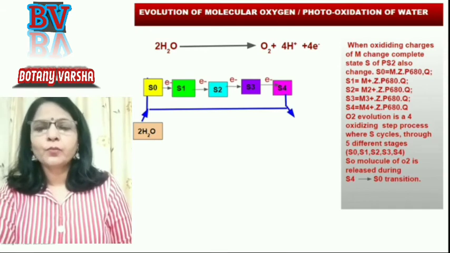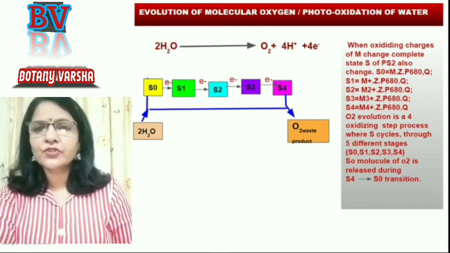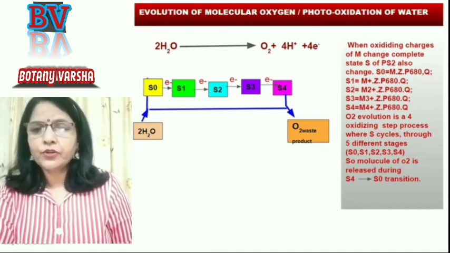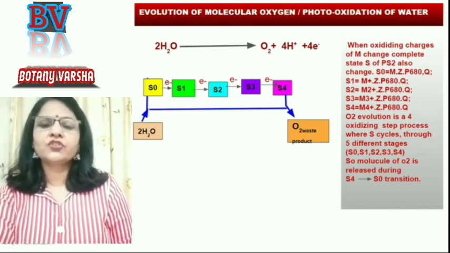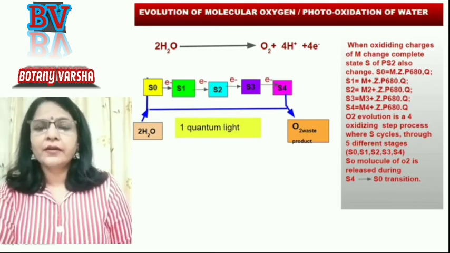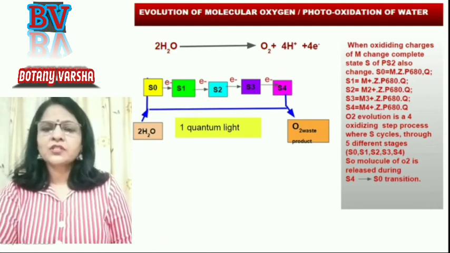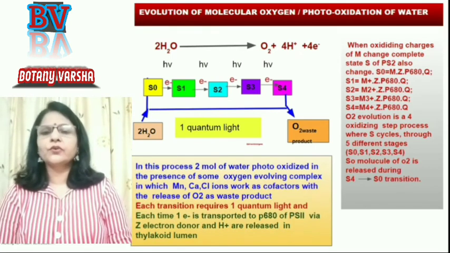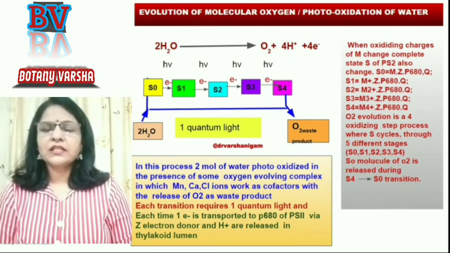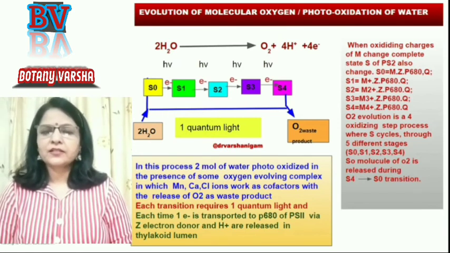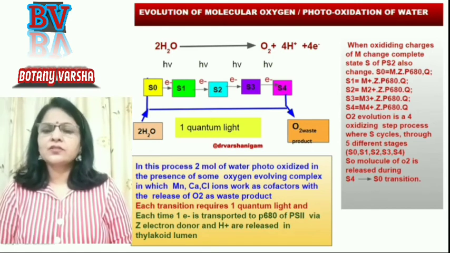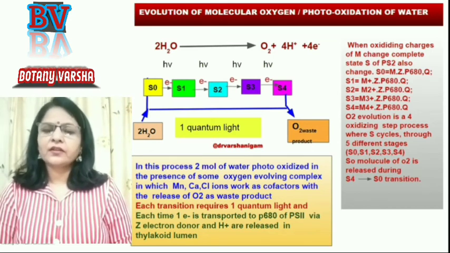So this is molecular oxygen which is produced in the process of photooxidation of water as a byproduct or waste product. In each transition one quantum of light is required. So in this process 2 molecules of water are photooxidized in the presence of the oxygen evolving complex in which manganese, calcium and chlorine ions work as cofactors.